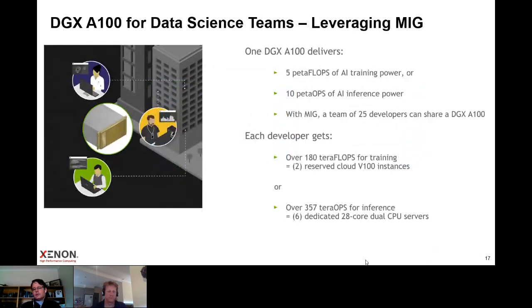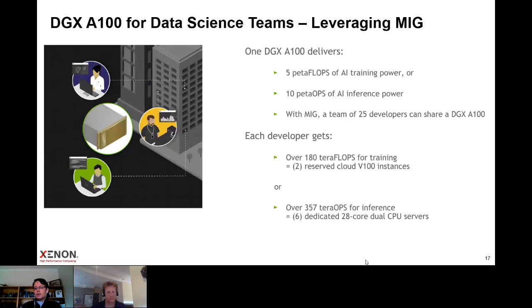So the flexibility, especially with the MIG capabilities, which allow us to split the system up into multiple smaller GPUs and use them for multiple developers, allows us to use the DGX A100 for 5 petaflops of AI training power, for example. We can use it for up to 10 petaops of AI inference power, as we've seen in the previous benchmark.